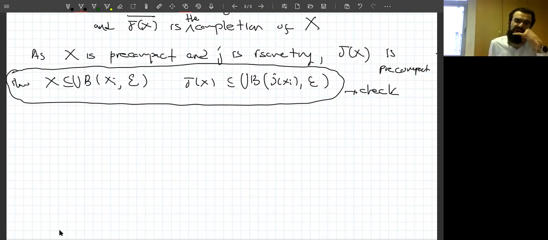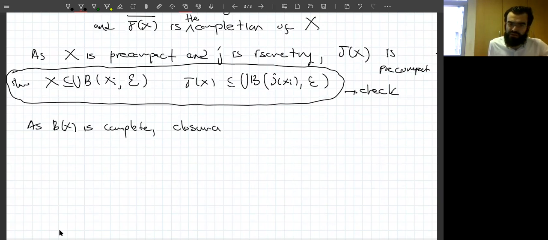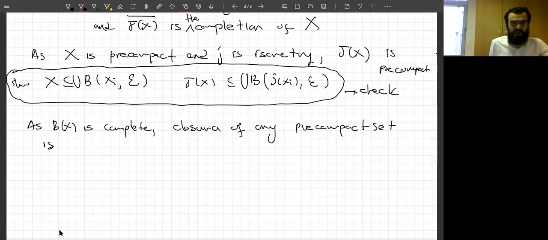Okay, G(X) is precompact, and the closure of it, as this set is complete, then closure of any precompact set is compact.